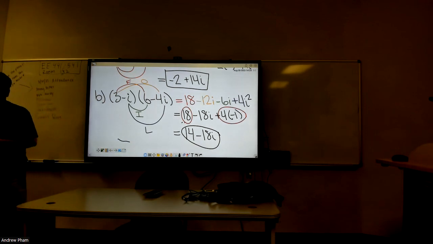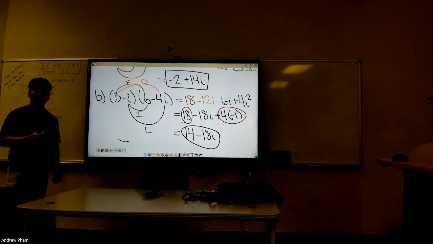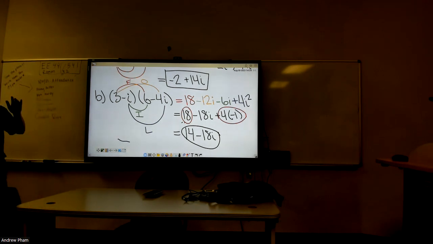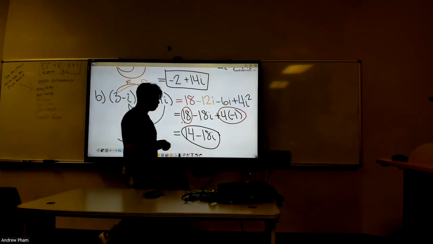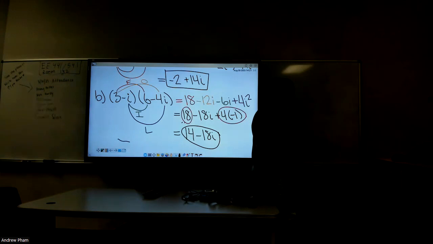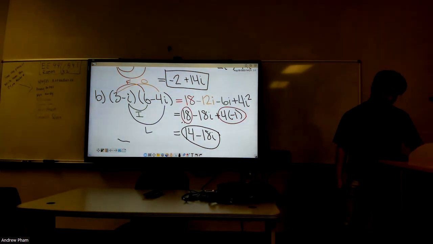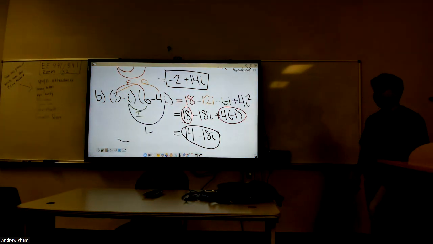We really had to make sure that we know that i squared is equal to negative 1. I do not want i squared in my final answer. I don't want an i cubed, i to the 4th. At worst, what I'll accept is an i, like what we have here. All right, so any questions about this part B that we worked through?